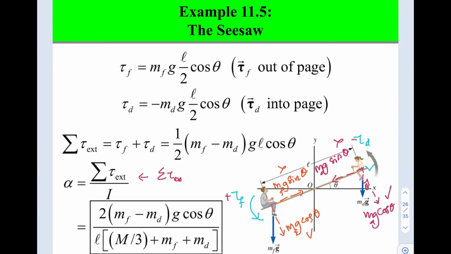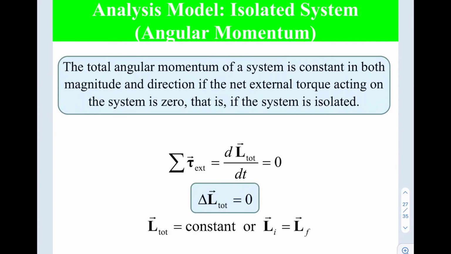From the previous equation that we know, sum of the torque external is equivalent to I alpha, moment of inertia times alpha. So our alpha here is sum of torque external over I. So you may substitute the torque external is this one, the I is this one from our part A.